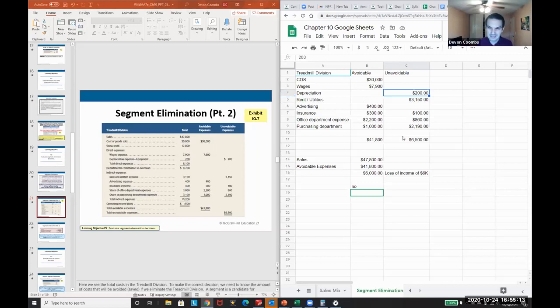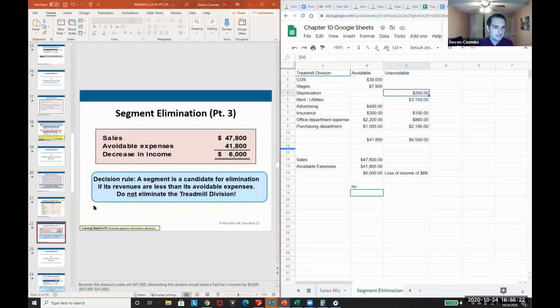So you can look at these decisions in your life and think critically. Don't get stuck in just one path. So with segment elimination, we're not going to eliminate the treadmill division.